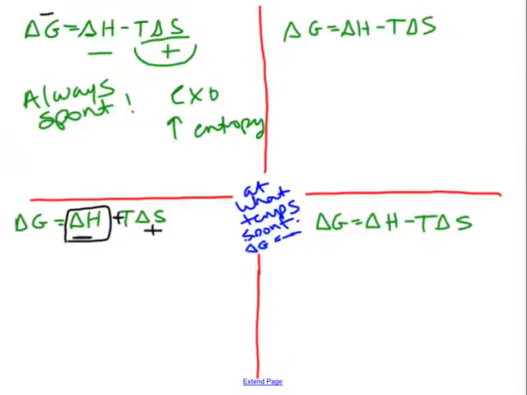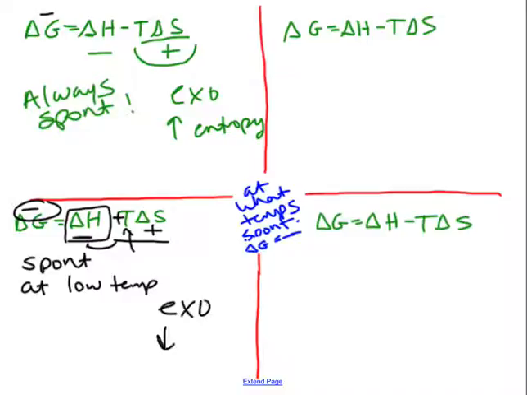At what temperatures, high or low, or always or never, will it be possible where it's not going to overtake that negative term? Low. So this is only spontaneous or thermodynamically favorable at low temperatures. It's got to be low enough temperatures where that term doesn't overtake this negative term, because again, we're looking for a negative delta G. So this is an exothermic reaction with a decrease in entropy.